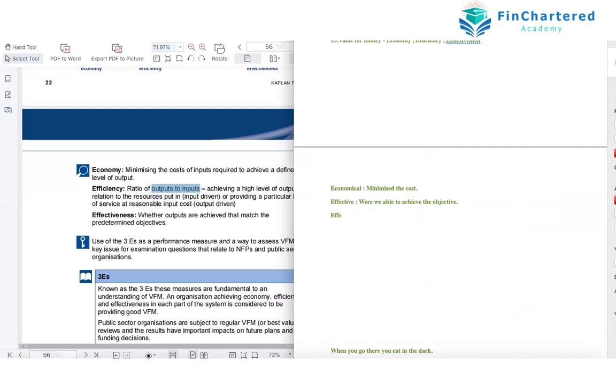Efficient is where you want to put in less, but you want more result.